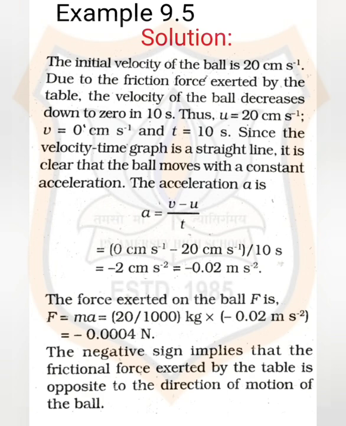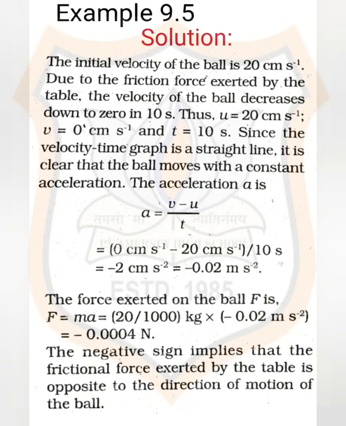The initial velocity of the ball is 20 centimeter per second as it is given, but due to the friction force exerted by the table, as we know that every object offers some frictional force on another object which is sliding or rolling on it, the velocity of the ball decreases slowly and reaches 0 in 10 seconds.